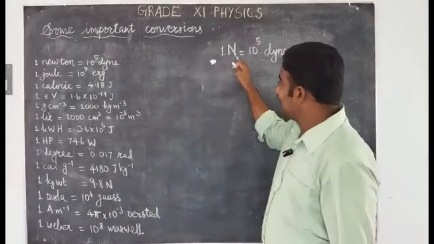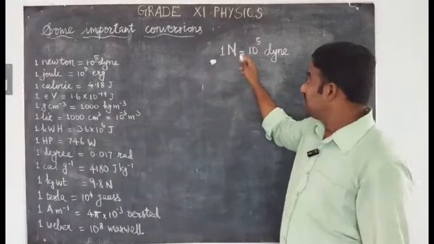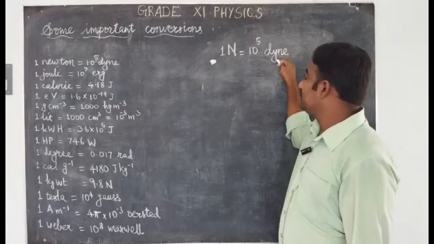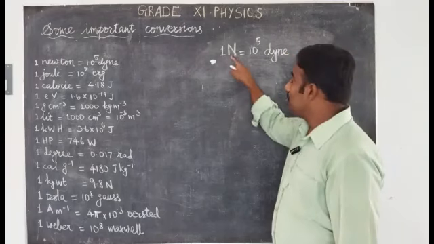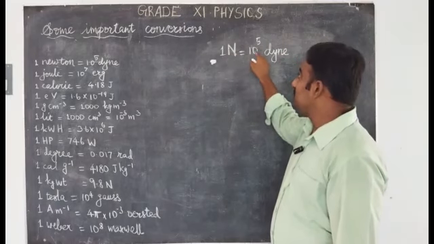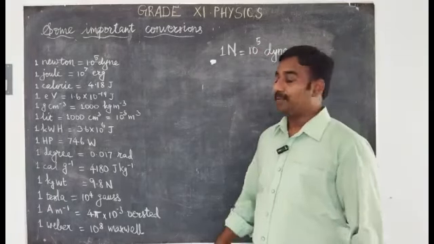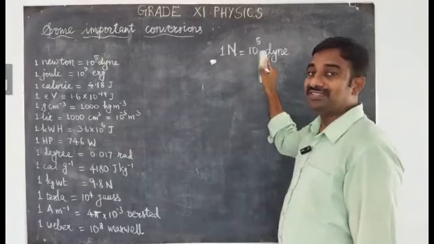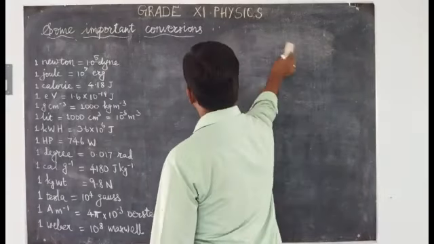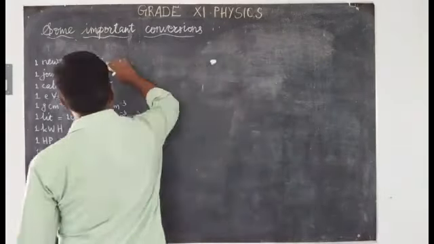So in the SI system the Newton is the unit, whereas in the CGS system force is denoted by the unit dyne. So 1 Newton of force is equal to 10 to the power 5 dyne. How this value comes, you will learn in the laws of motion lesson. Second unit is over.